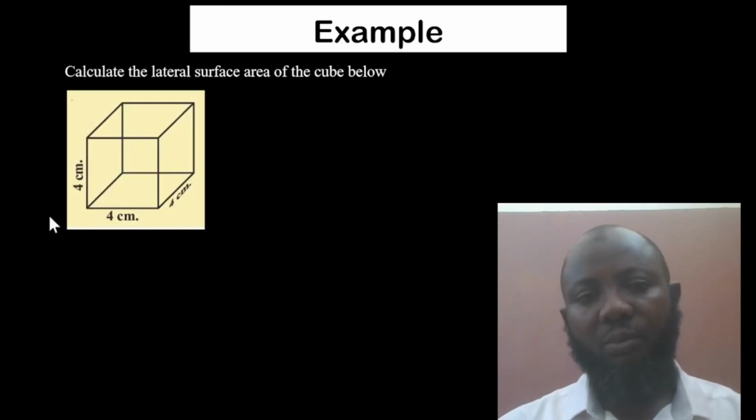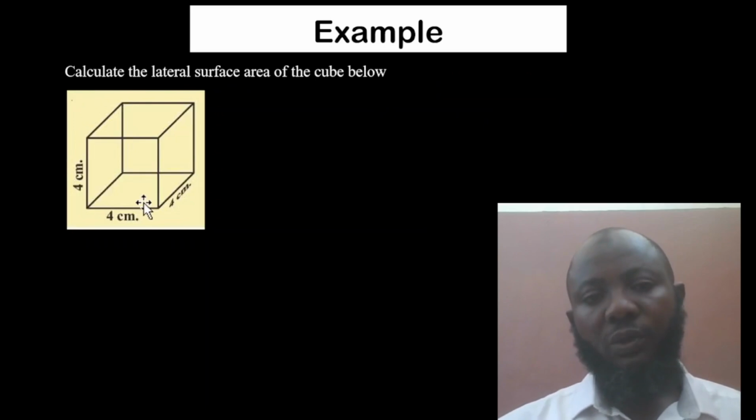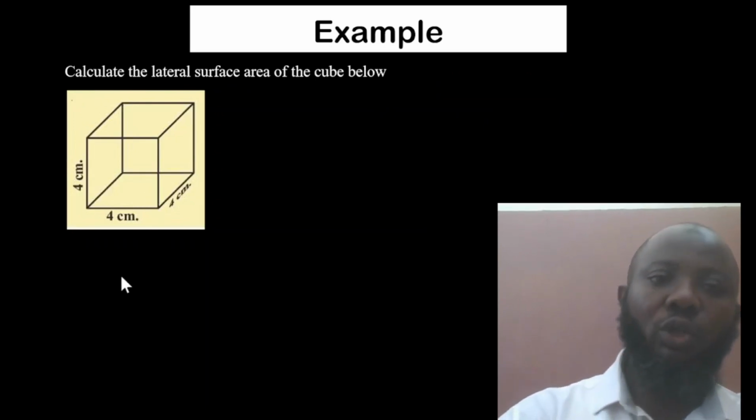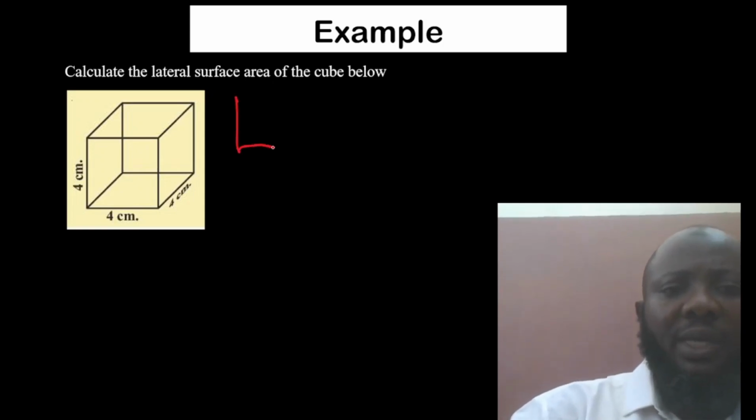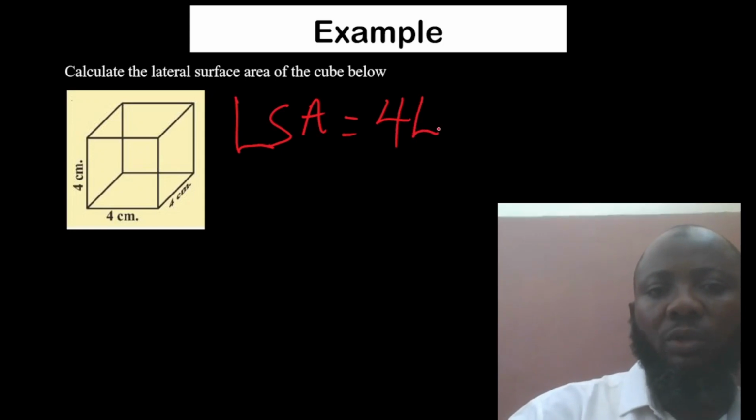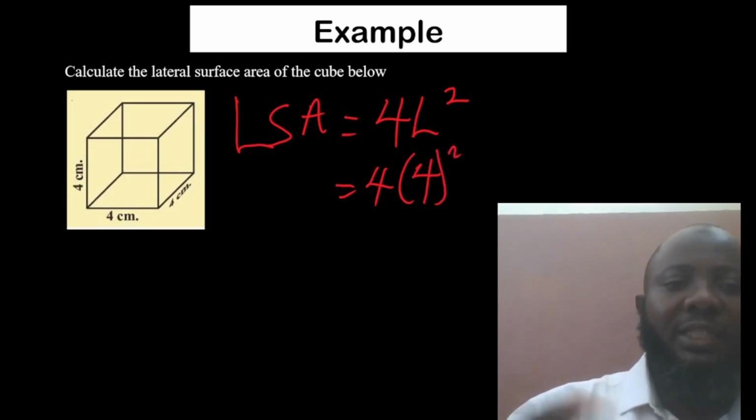The question says calculate the lateral surface area of the cube below. So in this one, we're going to find the lateral surface area, which, as I have said, is 4L squared. So that's 4 times L squared, that is 4 squared, because the length is 4.